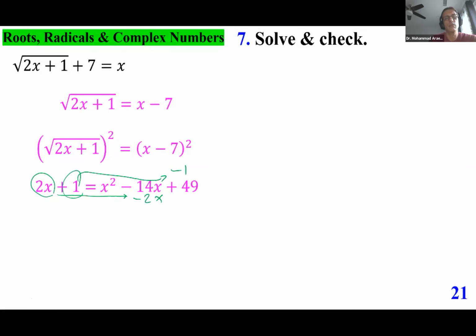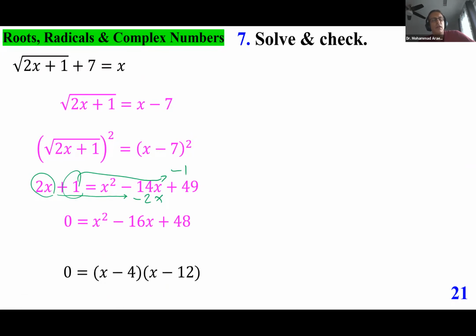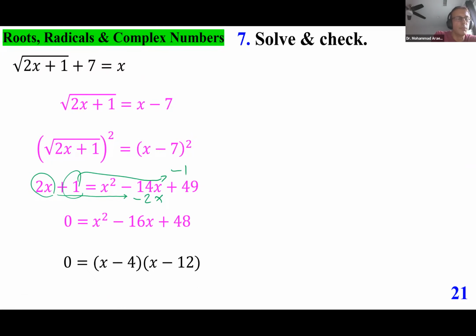Move this, make it minus 1, giving us x squared, minus 16x plus 48, and we factor it such that the product of two numbers is 48. Their sum is negative 16. Negative 4, negative 12 creates the answers x equals 4, x equals 12.